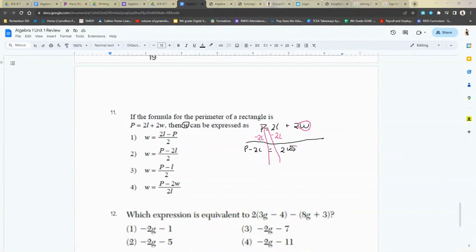So I'm going to circle W. To get W by itself, I'm going to divide both sides by 2. And then you just have P minus 2L divided by 2 equals W. So now you just have to find the matching one of that.